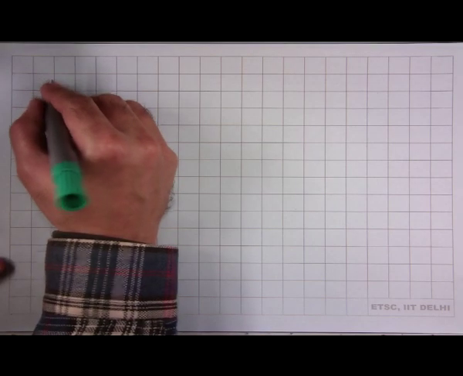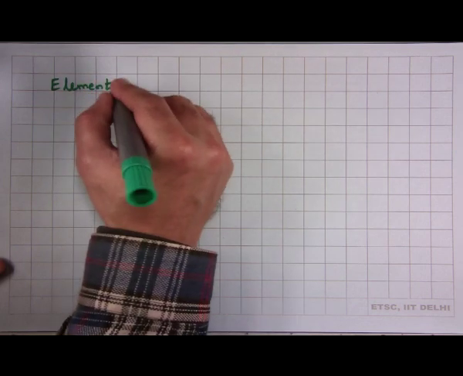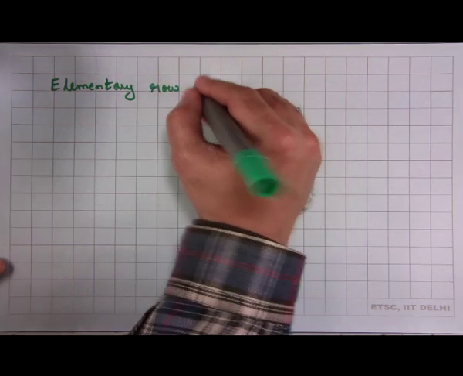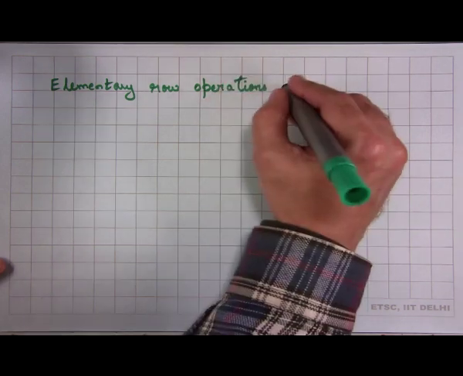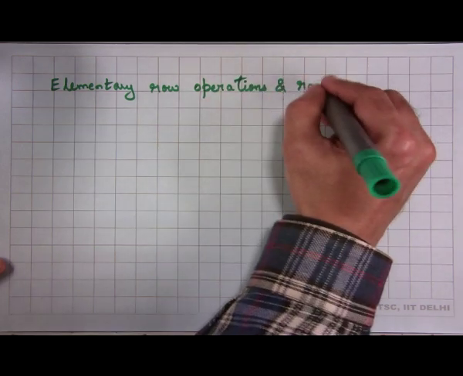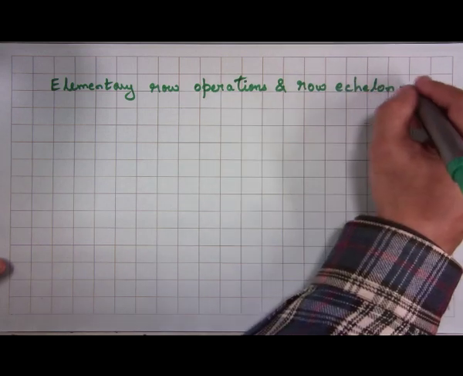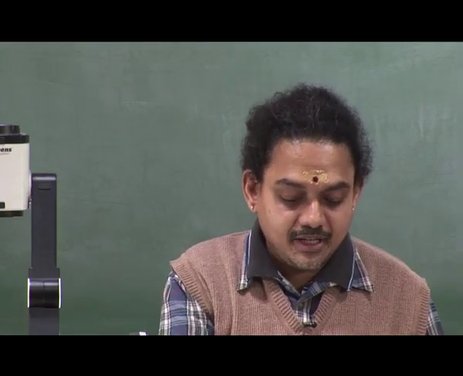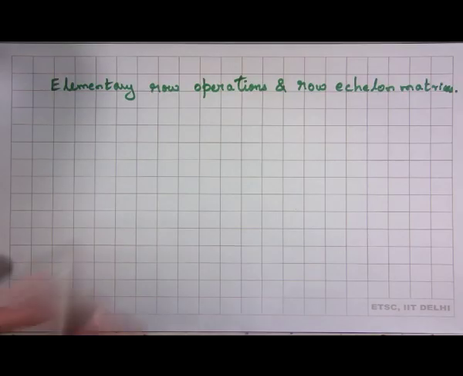Now, let us move on to the concept of elementary row operations and row echelon matrices. Let us first begin with defining what is a row echelon matrix and then try to understand what are the row operations. Fine.